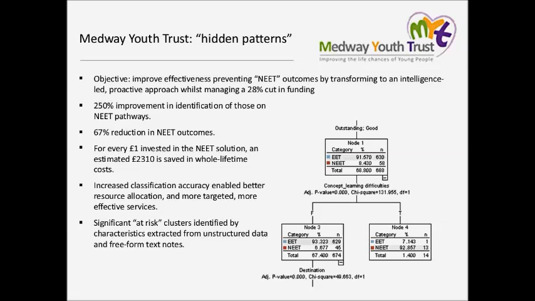And you can see from the figures here that by using this technology, they're enabling their staff to make much quicker decisions, which creates efficiencies which save money, but also much better decisions that get the right interventions to the right people in a way that really can improve their lives.